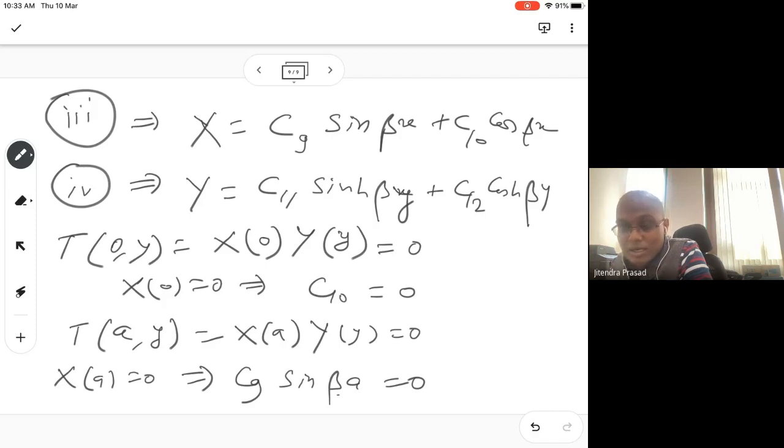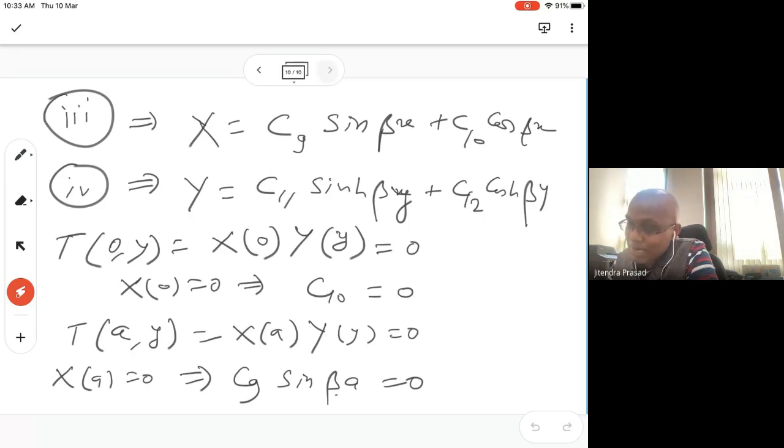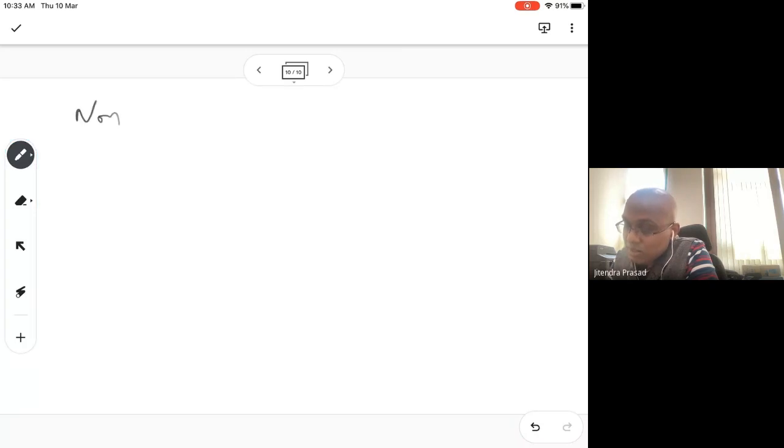That really means either C9 is equal to 0 or sine beta a has to be equal to 0, right? Any value you put here will be okay, as long as this becomes 0. But if you make C9 equal to 0, then it's trivial, right? So we want a non-trivial solution.